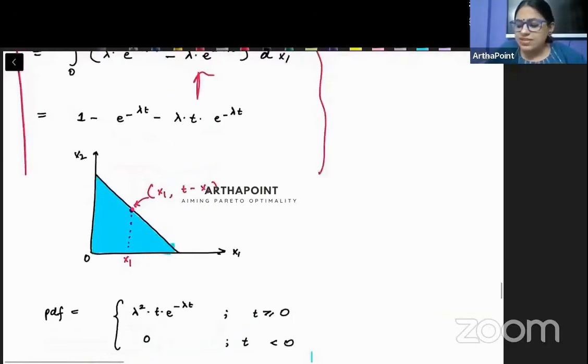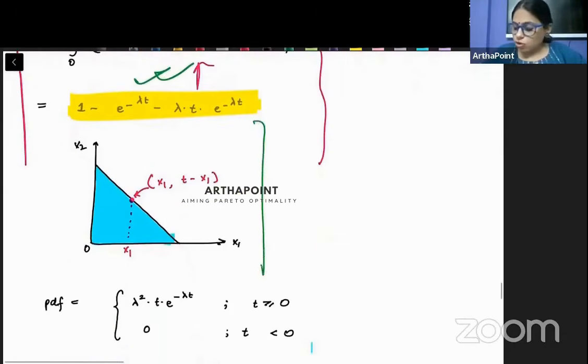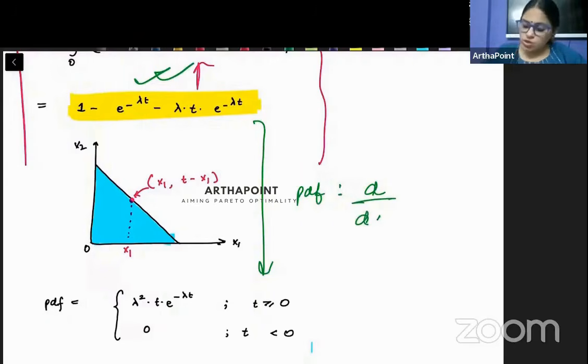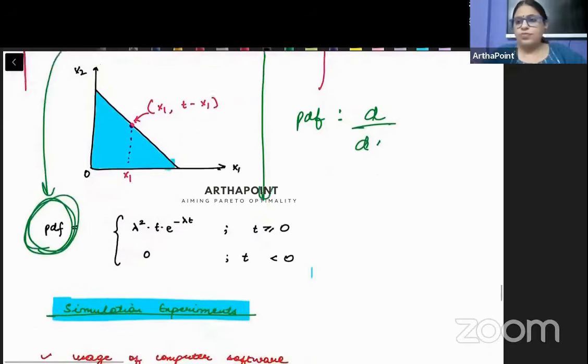Your CDF function will come out from here when you integrate it: first with respect to x2, then with respect to x1. If I want to go to the PDF, I can just differentiate the CDF function and get the PDF. So from here we can at any point get the PDF also.